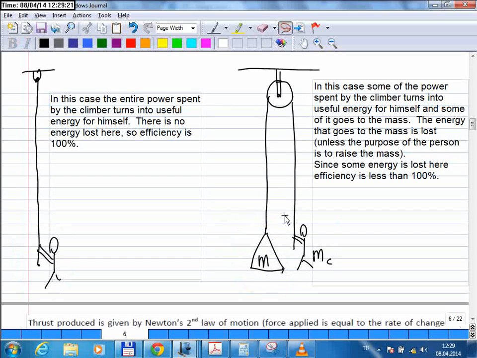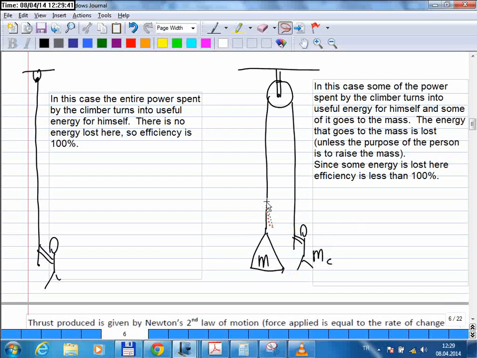And unless his main objective was to raise this mass, you can say that the energy that goes into this mass is a loss for this person. Suppose that the person's goal was to increase his own energy.